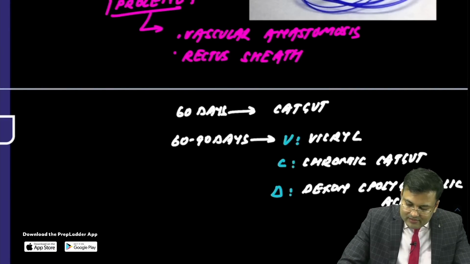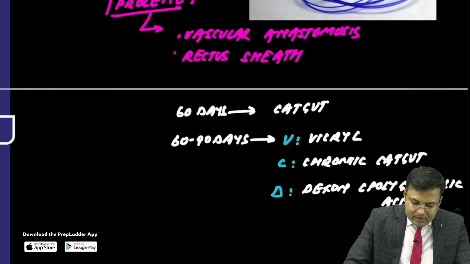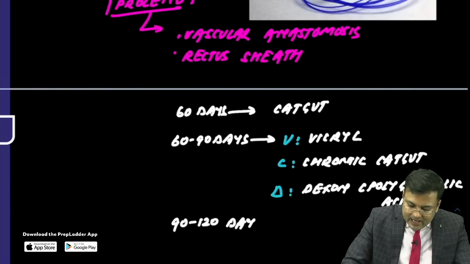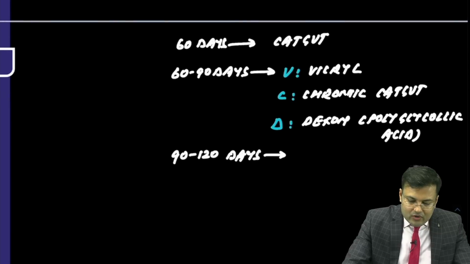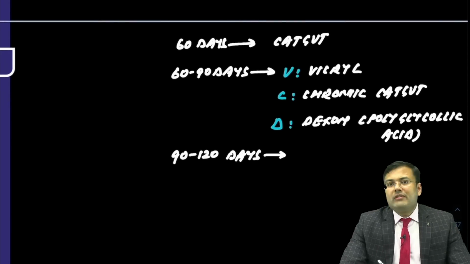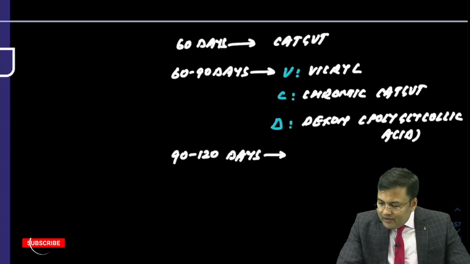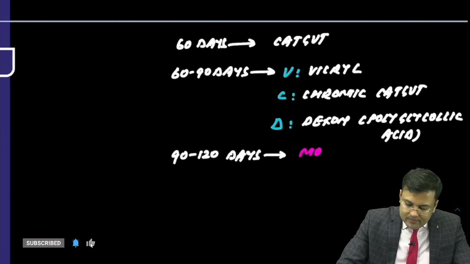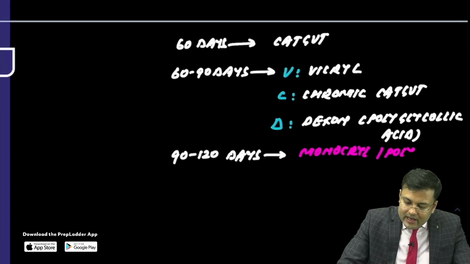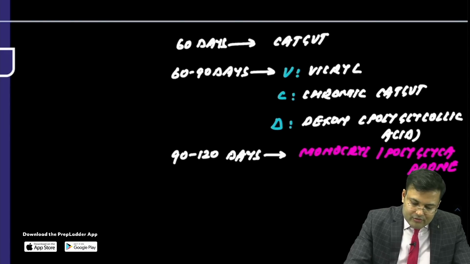Polyglycolic acid. And which suture is absorbed in 90 to 120 days? You tell me guys, I'm waiting for your answer. Which suture is absorbed in 90 to 120 days? No, it's monocryl. Very good, Chanchal. Monocryl is also known as poliglecaprone, 90 to 120 days.